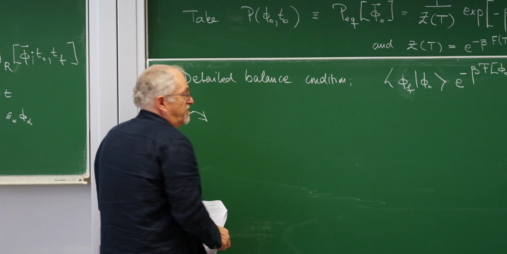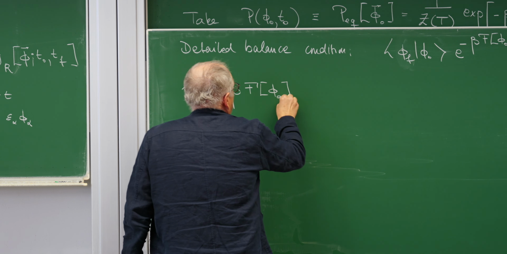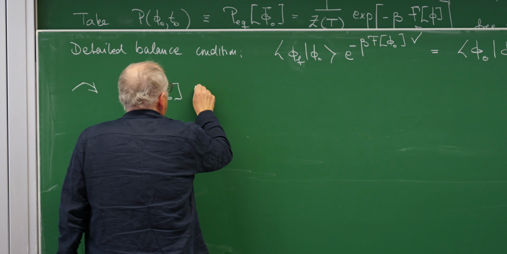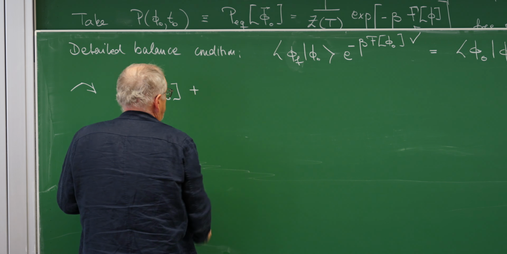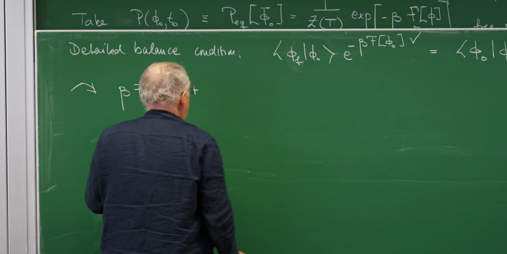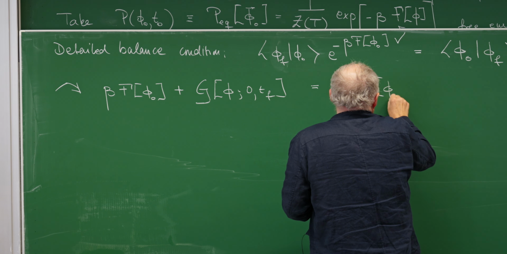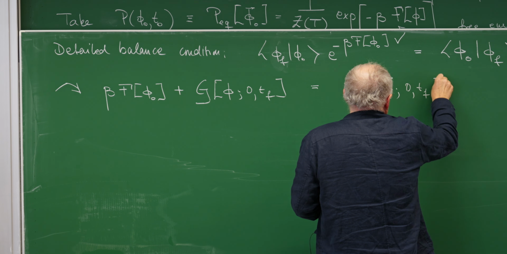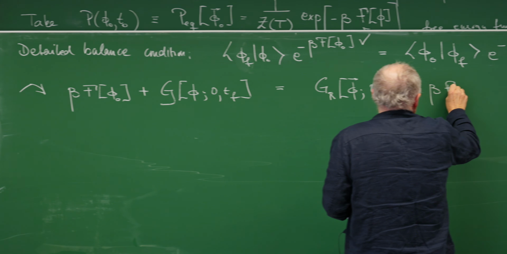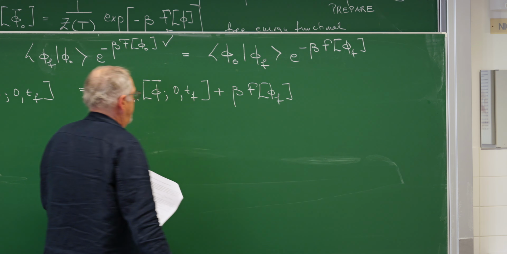So that means we can write that beta f of phi naught, so this term, plus the corresponding propagator that comes here, which is the Onsager-Machlup functional of phi from 0 to tf, that's the left-hand side. And that needs to be equal to what we just calculated, this object here, gr of phi 0 to tf plus beta f of phi f.